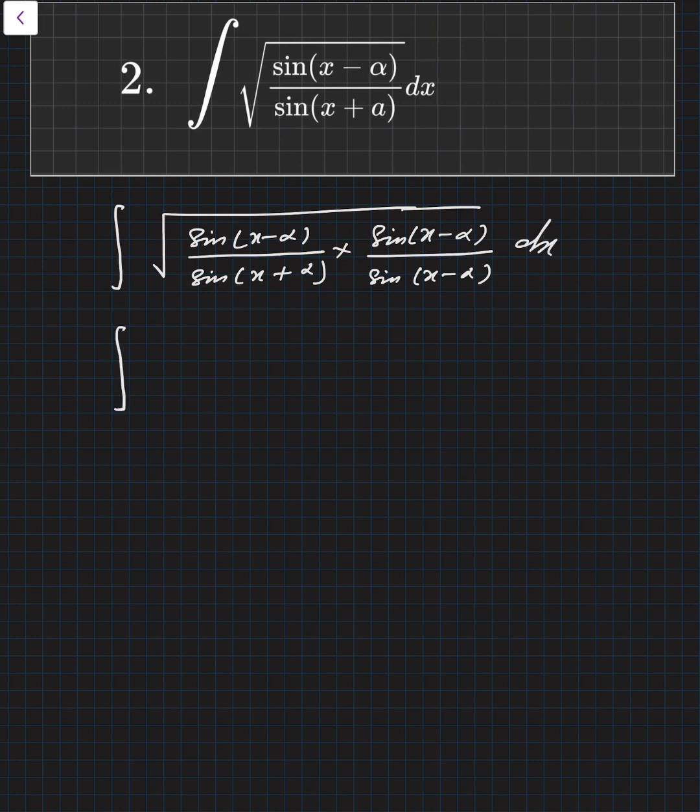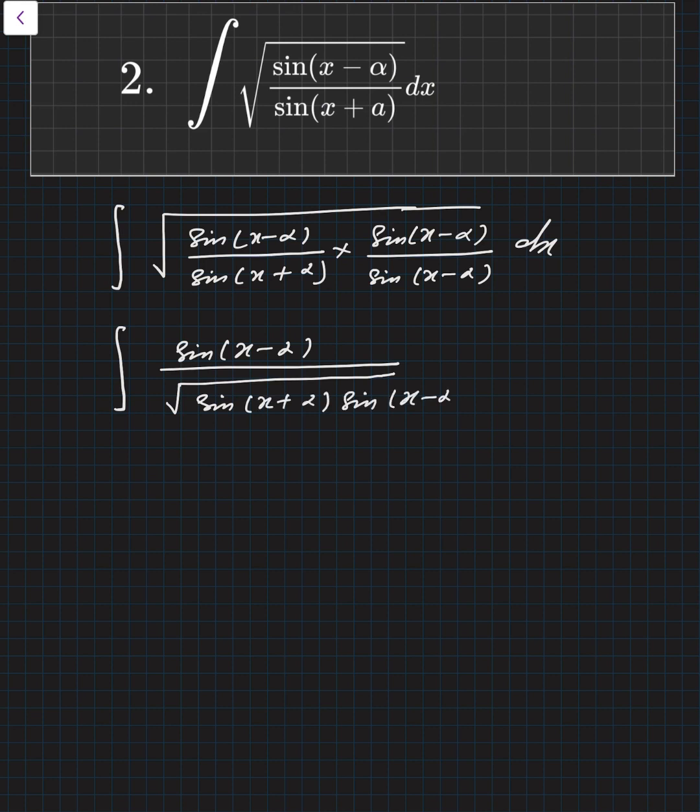After that, and in denominator, that is sine here into dx.